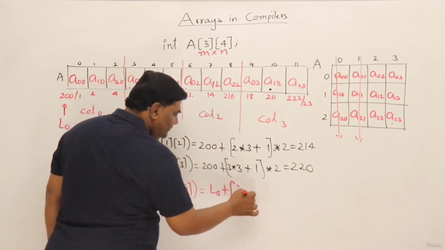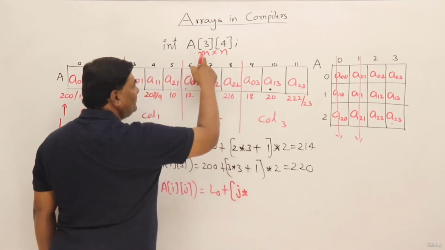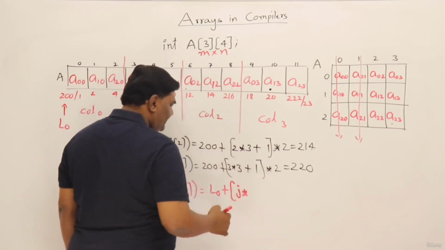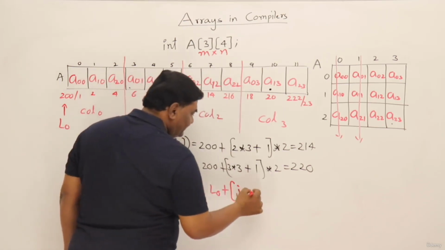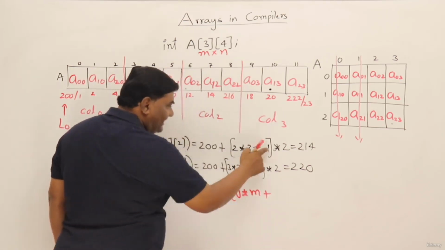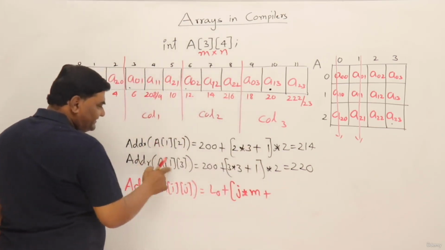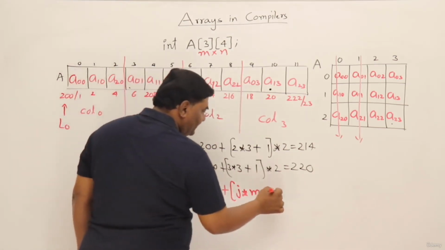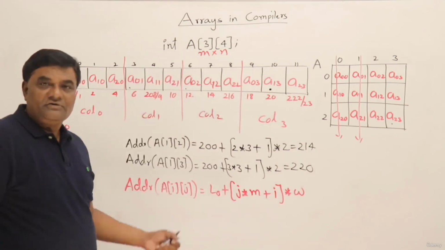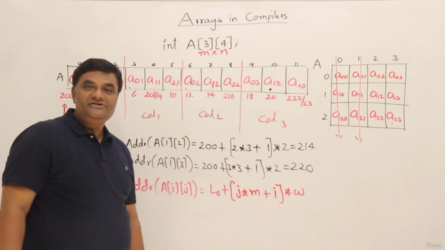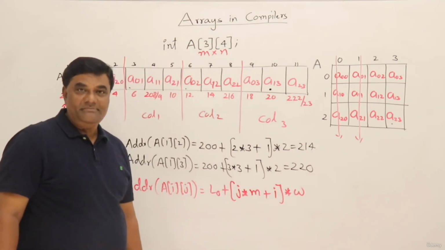So this is j into the number of elements in a column, that is equal to the number of rows, m, plus i is taken at the last. So this is i, that is the row number. This is multiplied by W. So this is the formula for column major representation, or column major mapping.